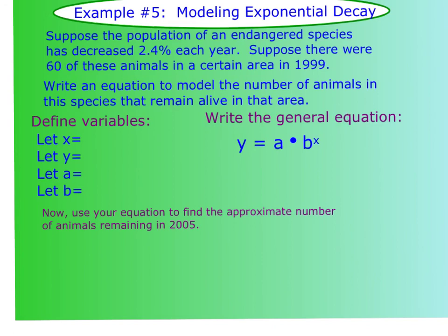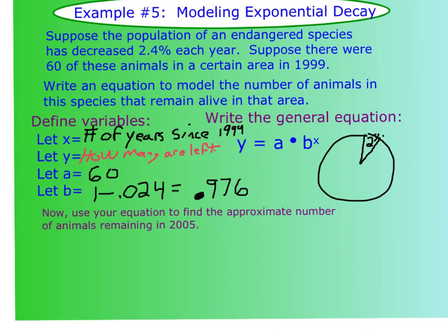So let's set it up. X is the number of years since 1999. Y, our answer, will be how many of these animals will be left after that time. And A is what we start with. We start with 60 animals.